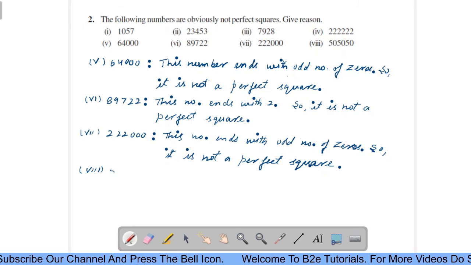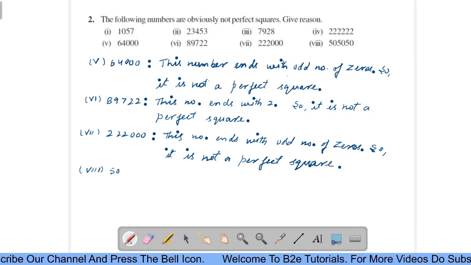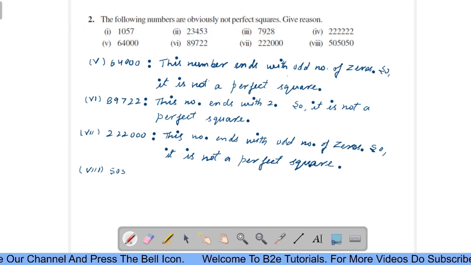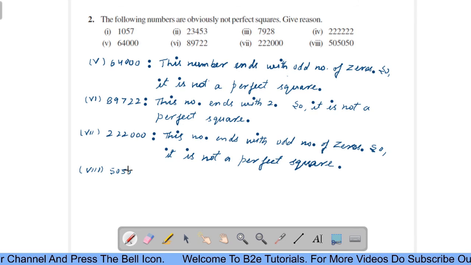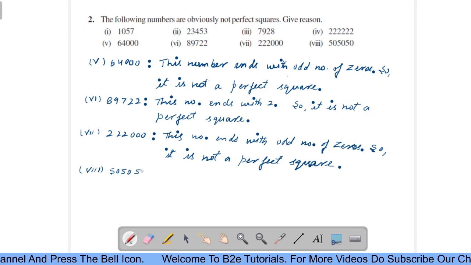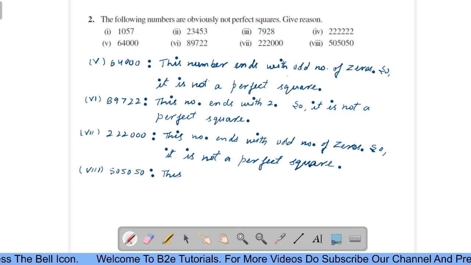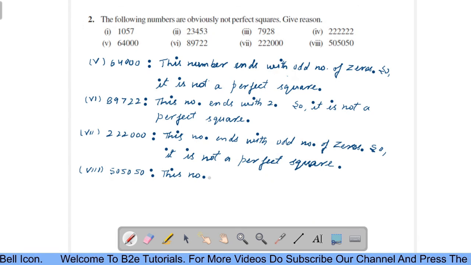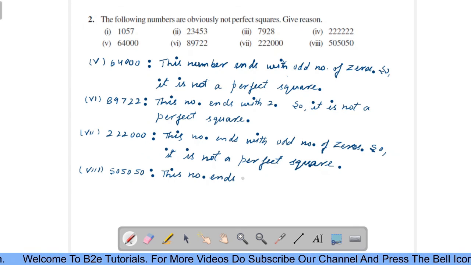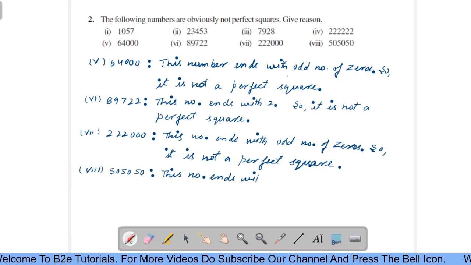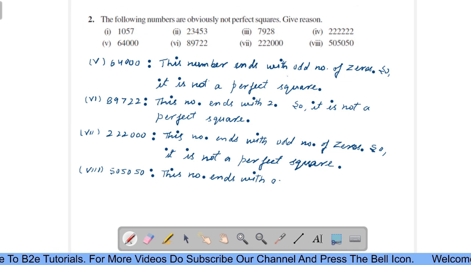It is 5,05,050. This number ends with an odd number of zeros.